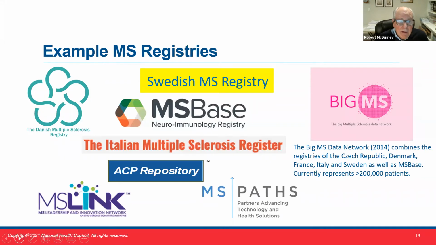These are in some cases funded by a government, like the Swedish Registry, and in other cases funded by foundations, like the Italian Multiple Sclerosis Register. These are particularly important because they have a strong element of sustainability associated with them.